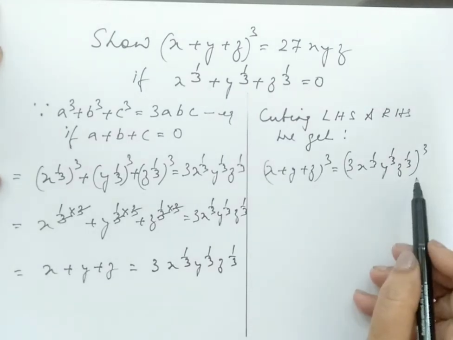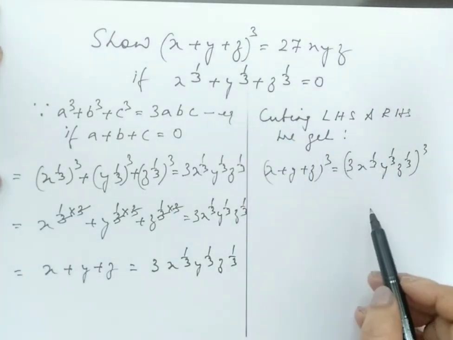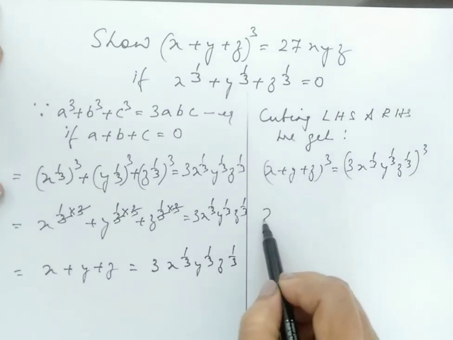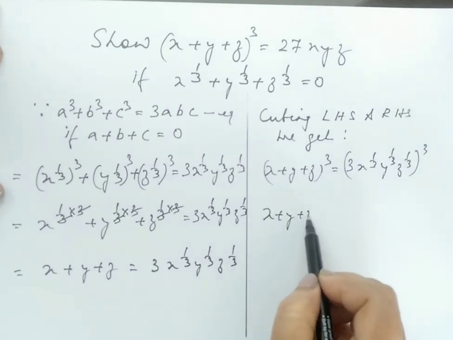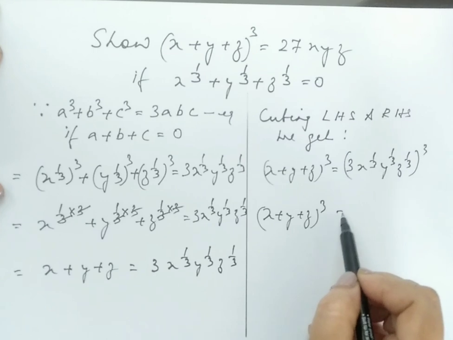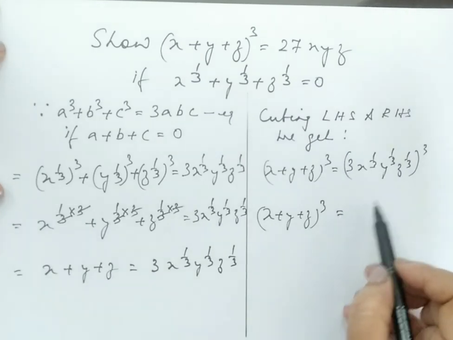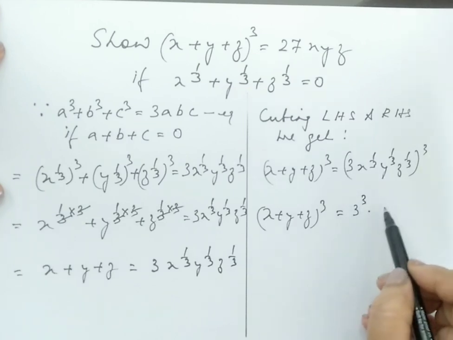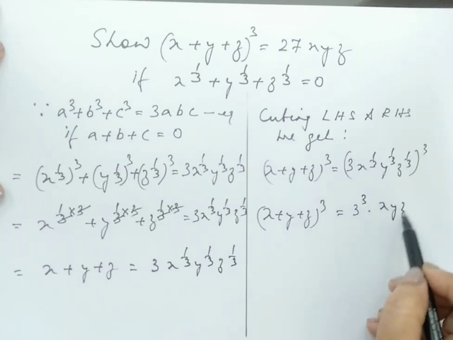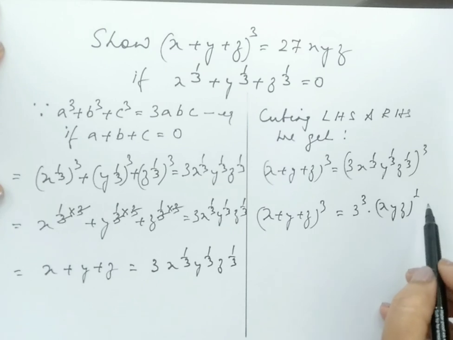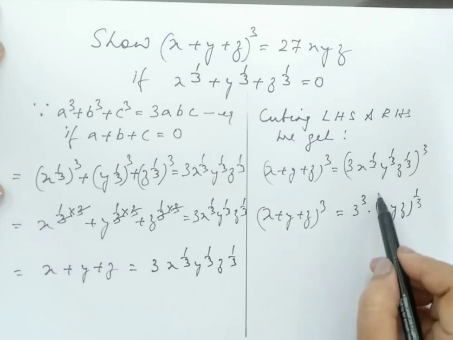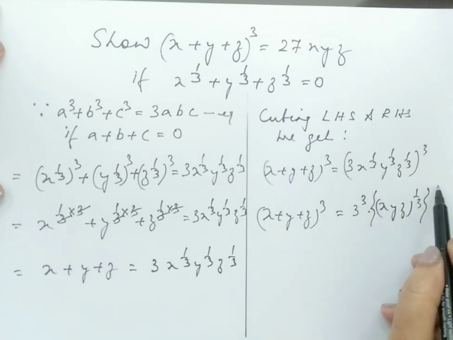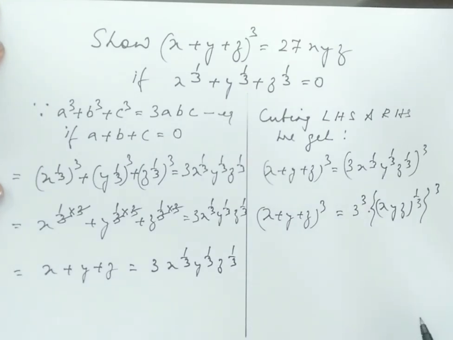We need to simplify this to get the look of 27xyz. So x plus y plus z will be written as it is, and here we have 3 cube and x, y, z can be written collectively, and then a curly bracket which will have a power of 3.